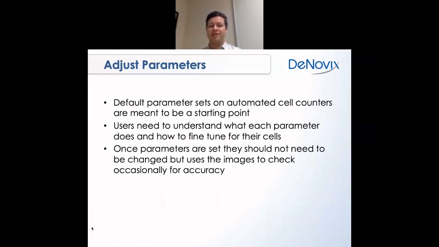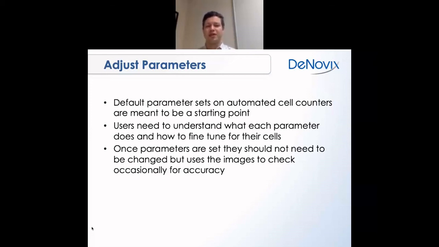Genovix has recommended parameter sets on our website for different cell types, and those are available to go get the parameter set, load them on. Say if you're using a MRC5 cell or whole blood or something like that, we have published recommended parameter sets. But still, those are meant for you to check us on, not just to be taken as truth.